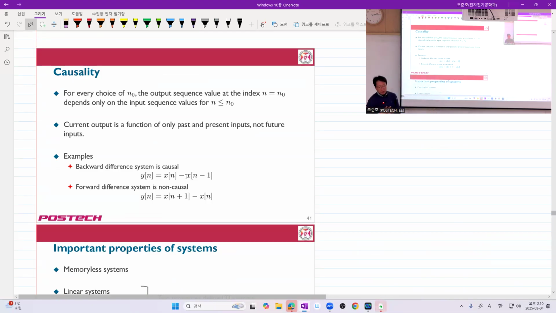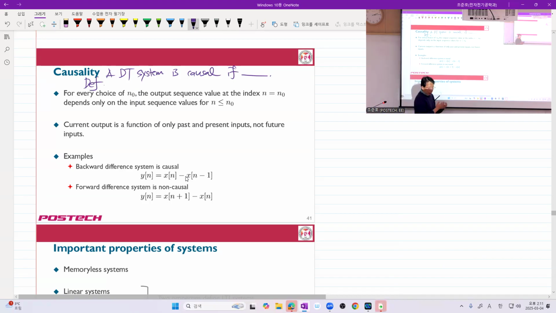So let's go back to the previous lecture note. Here goes causality. Suppose your DT system is not yet linear or anything. A DT system is causal if... what does this mean?